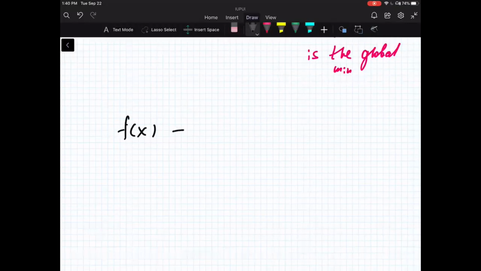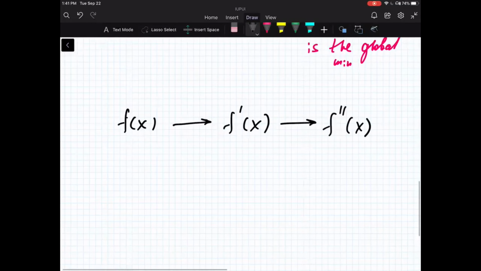Then, if our function is differentiable, we can calculate f prime of x. And we know that f prime decodes the decreasing and increasing intervals. But what if we consider f prime as just a function, and then we can calculate the second derivative and look at it. Let's think what this information will give us.